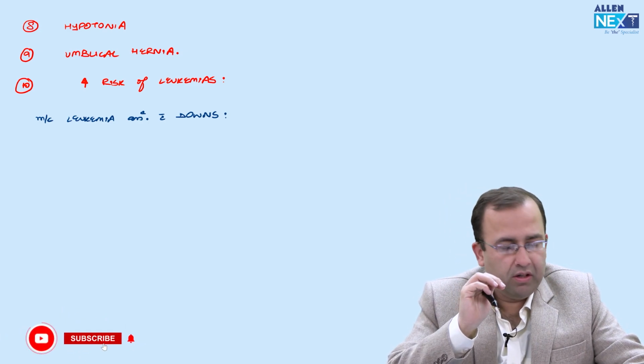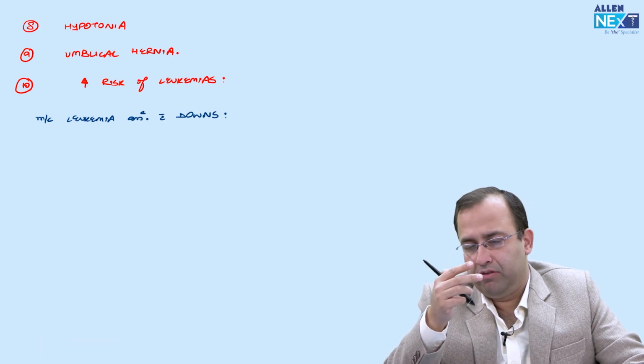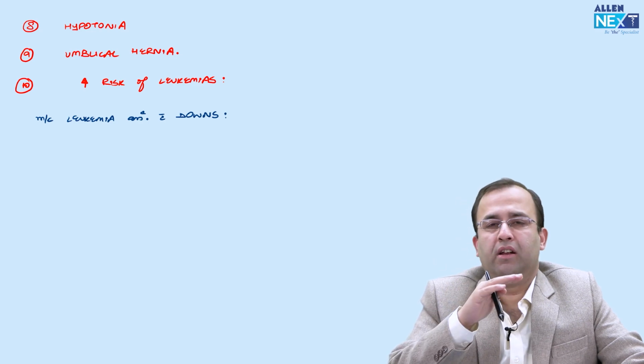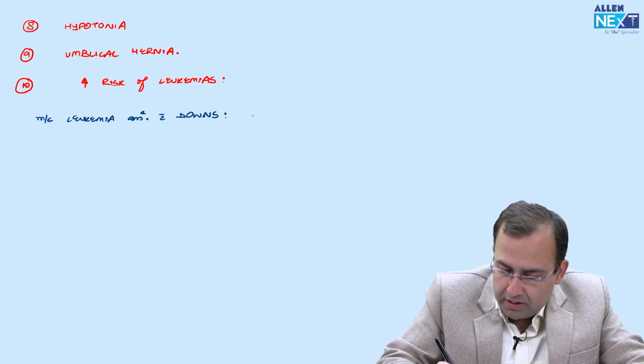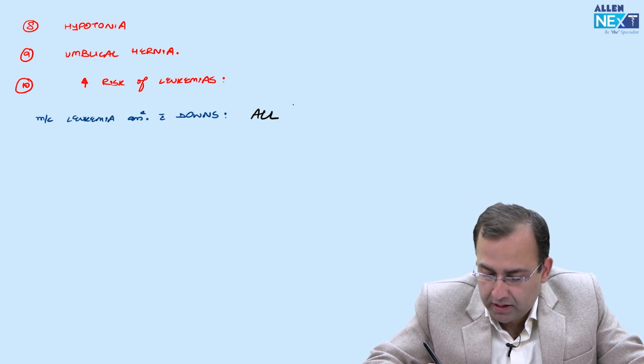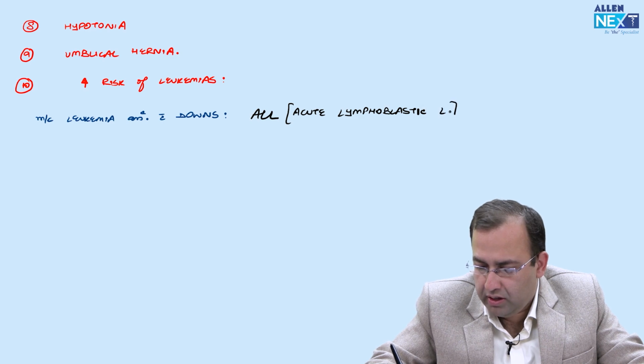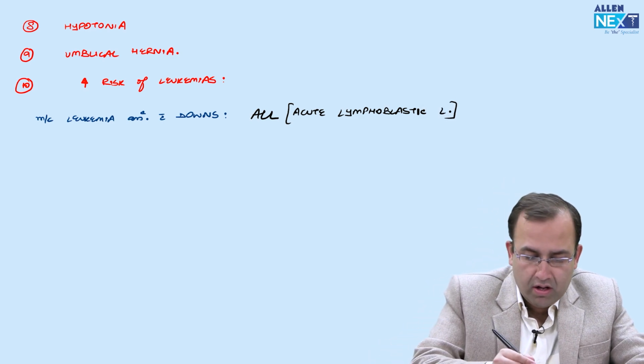Most common leukemia with Downs is ALL, acute lymphoblastic leukemia, which do not go wrong in this at all.